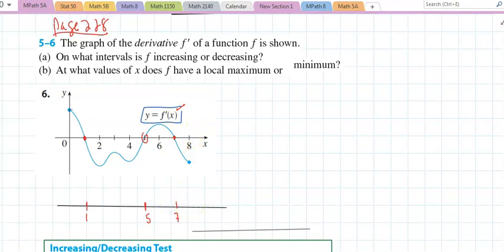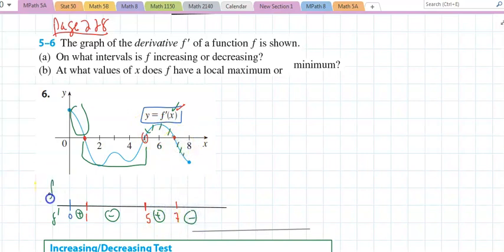And I notice to the left of this, between 0 and 1, the derivative is positive. Between 1 and 5, the derivative is negative. Between 5 and 7, the derivative is positive, and then after that it is negative.